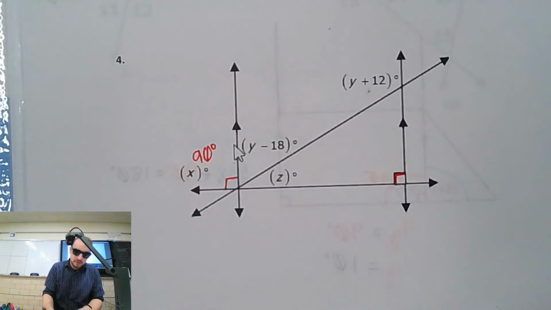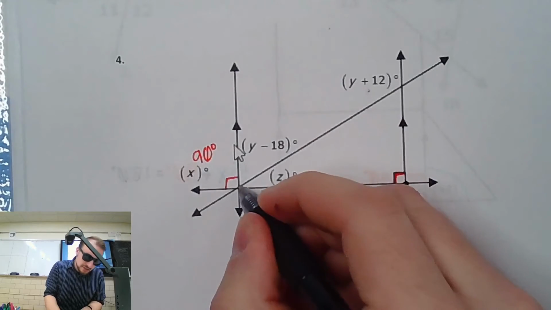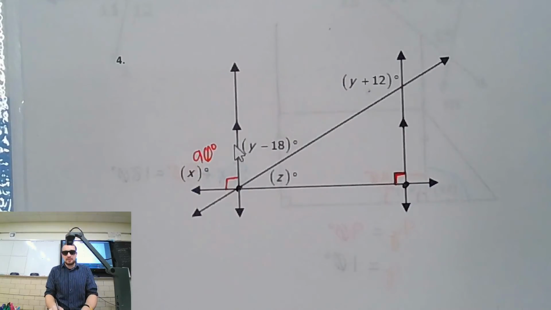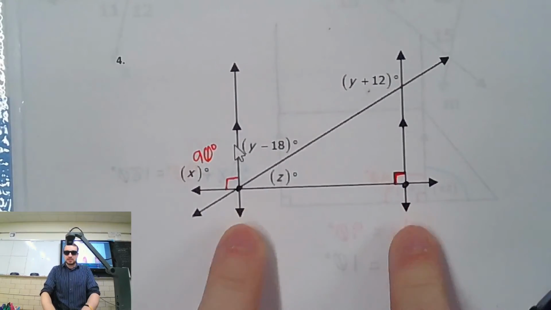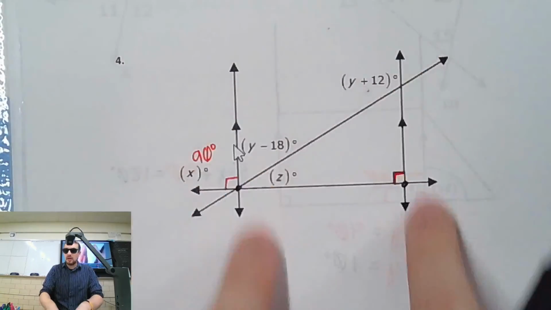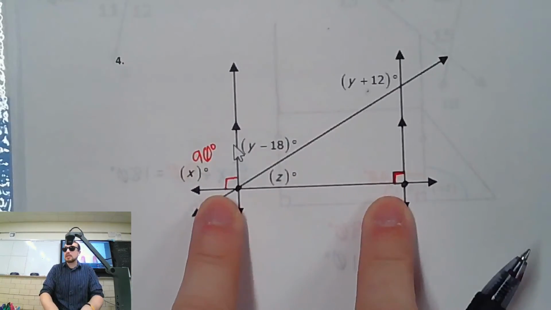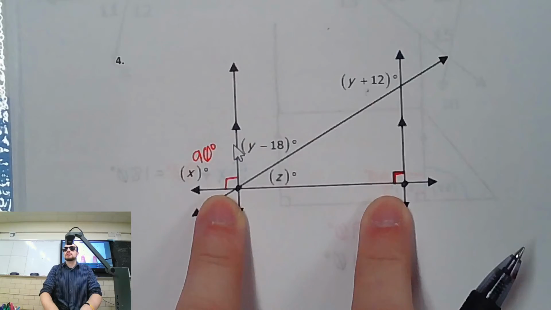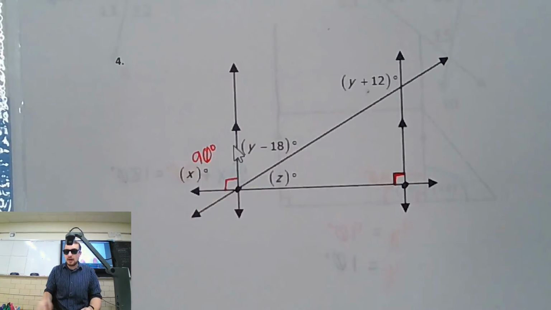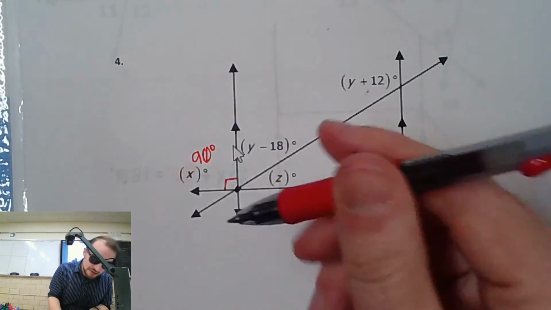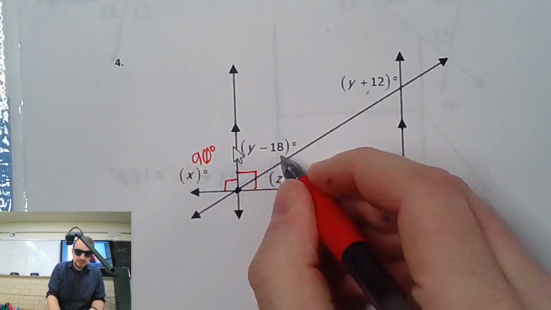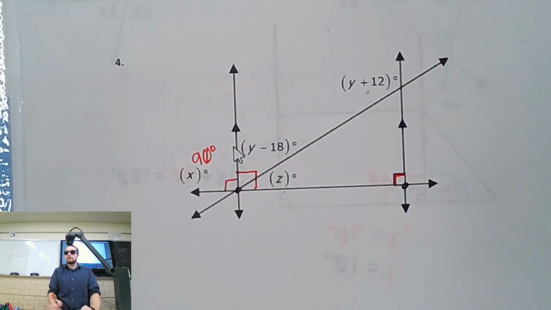This intersection right here and this intersection right here correspond. They're the same kind of intersection. One transversal, two parallel lines, right? So top left corner, they're going to be the same. Corresponding angles. You dig? Awesome. So X is 90. That also tells us that this is 90. So whatever that is plus Z is going to be 90. So that's going to be helpful.